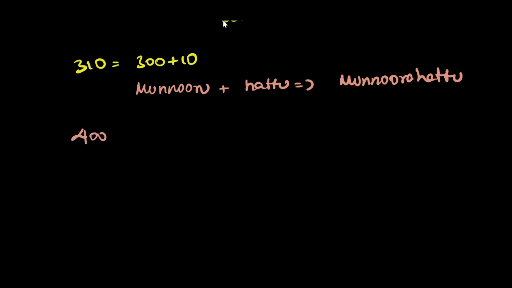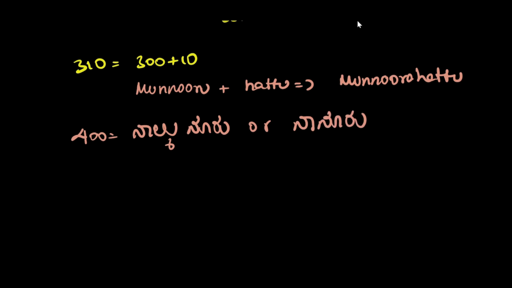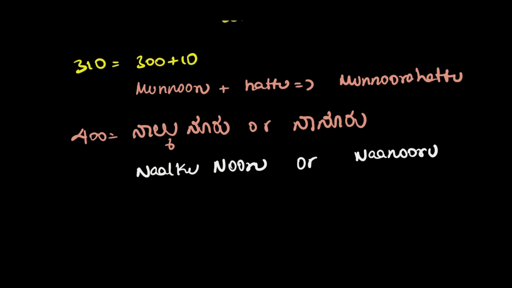Okay, what about 400? 400 is Nalku Nooru or Na Nooru. Let me write it in English. Nalku Nooru or Na Nooru, you can use any one.